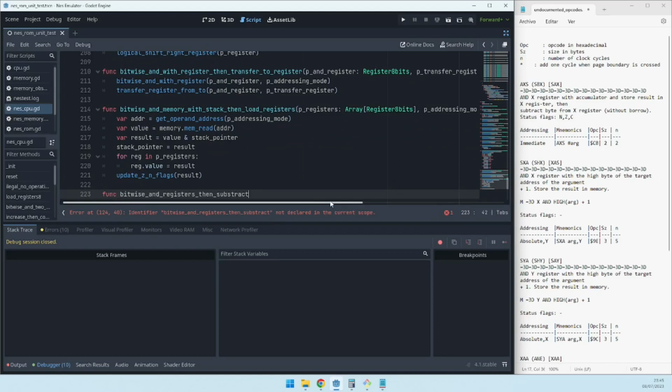It's strange. P and register. P store register. Store or load? It's called load, I guess.